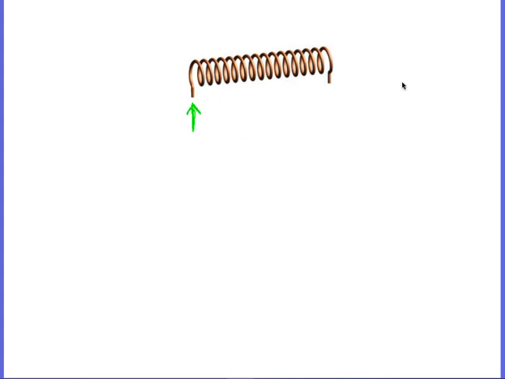Okay, now here is some serious stuff. I am sending current through this coil. And that current flowing in an inductor means that you're going to get a magnetic field.